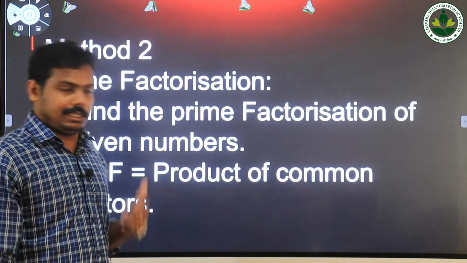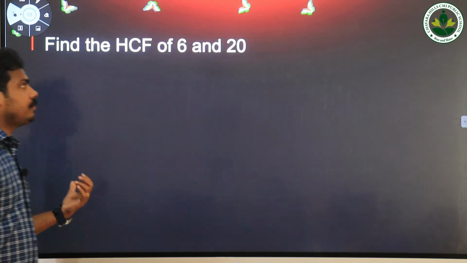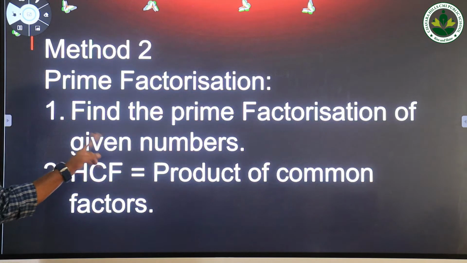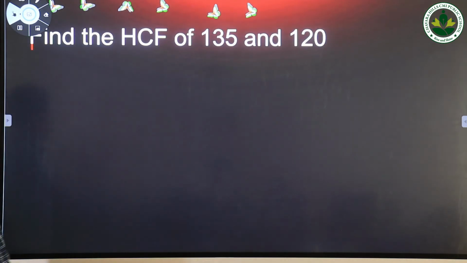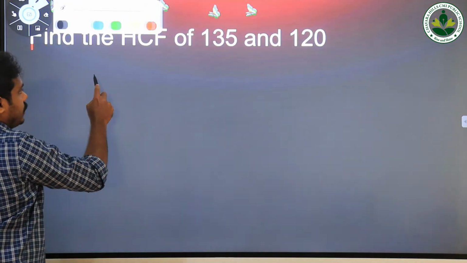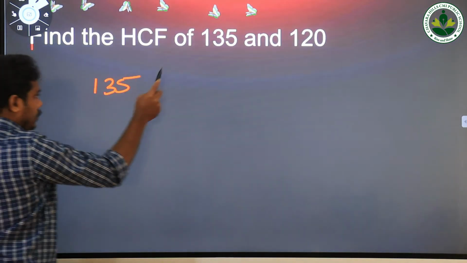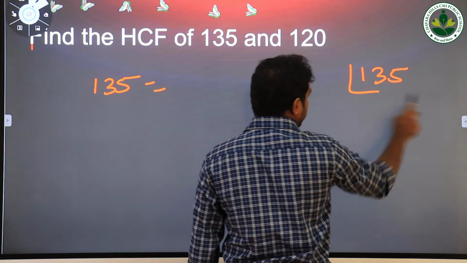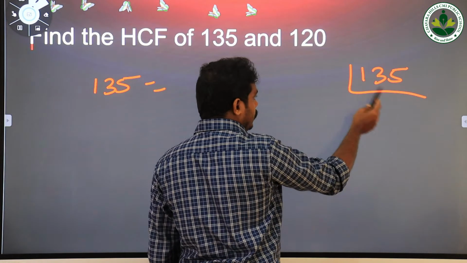Then we get the HCF. We can do some examples. First one is find the HCF of 6 and 20. Anyway, we can check this one, 135 and 120. First we need to find the prime factorization of 135. 135 is not divisible by 2. Is it divisible by 3?